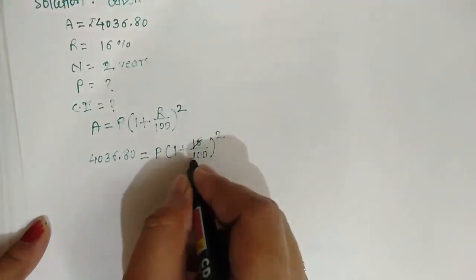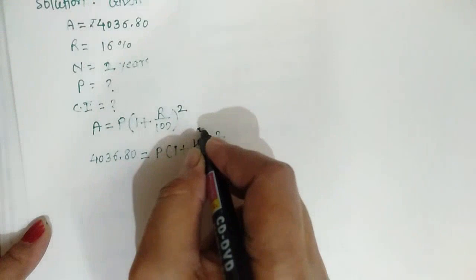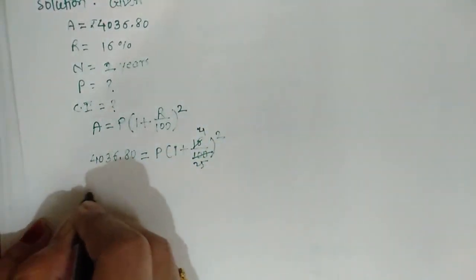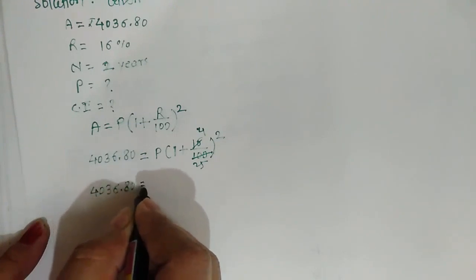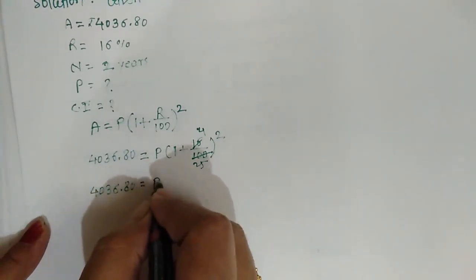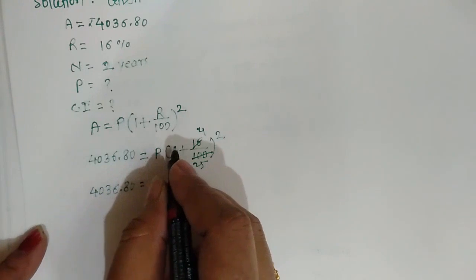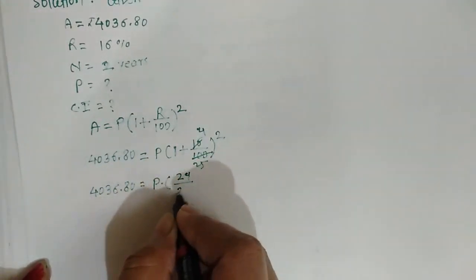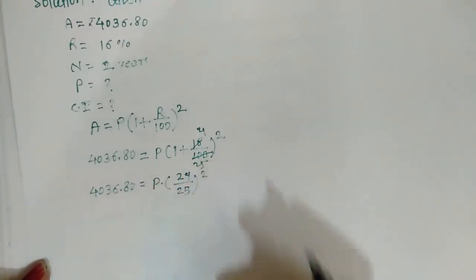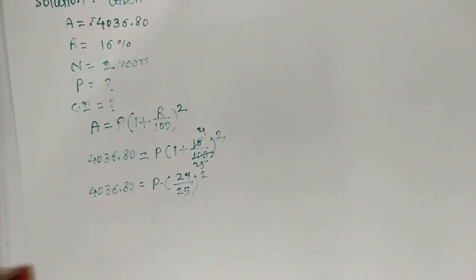So take the reduction here. 4 4s are 4, 25s are 25. So 4,036.80 is equal to P into 25 plus 4 is 29 upon 25, bracket square.